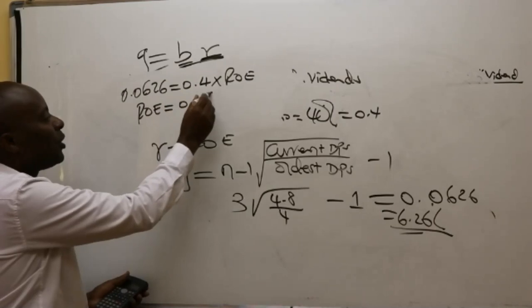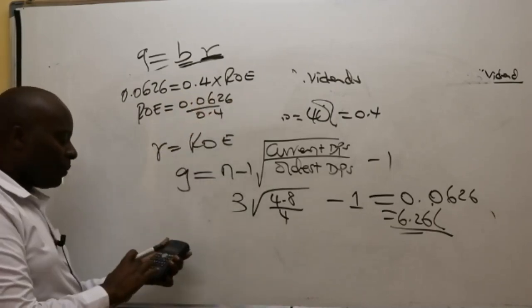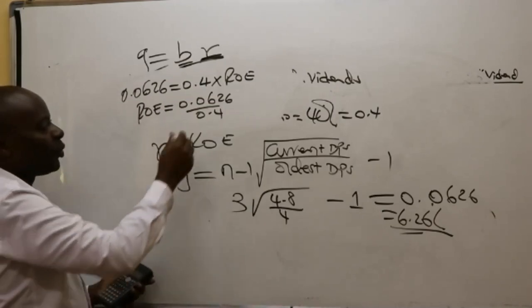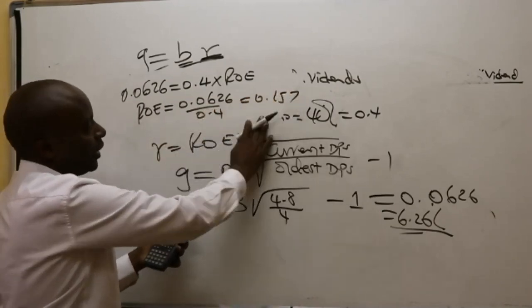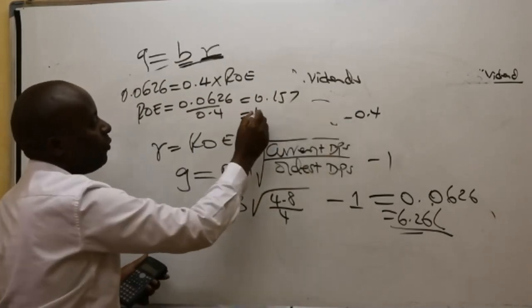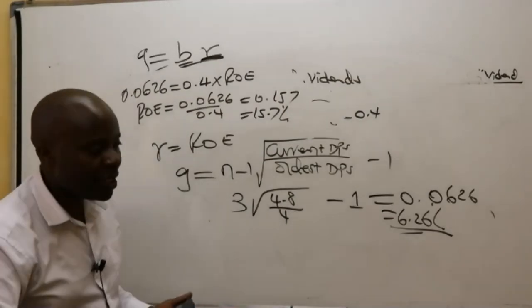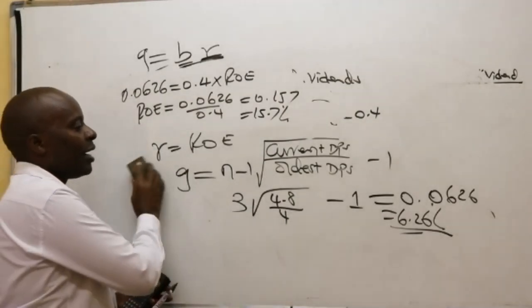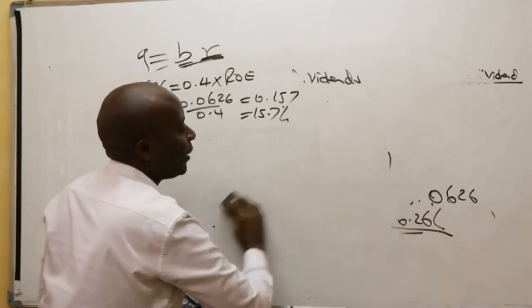It will be 0.0626 divided by 0.4, which gives us 0.157. Basically, that is 15.7%.